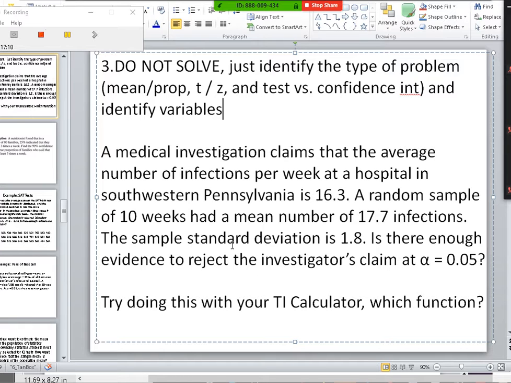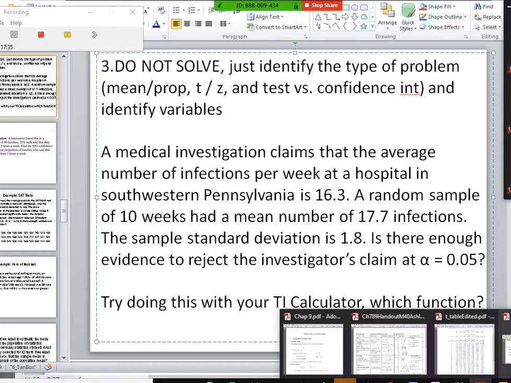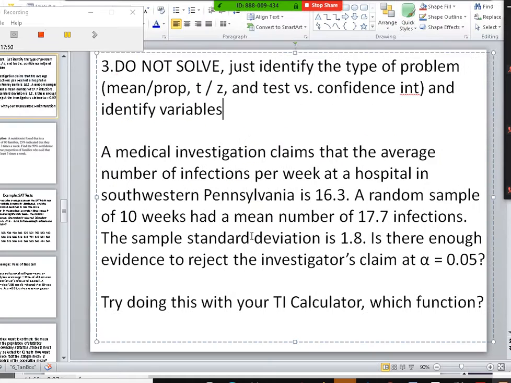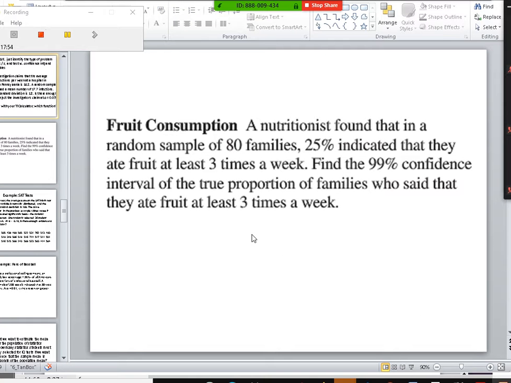I don't see it, so it's a hypothesis test. Also, it has words like evidence, reject, and claim. Those are good hints that it's a hypothesis test.